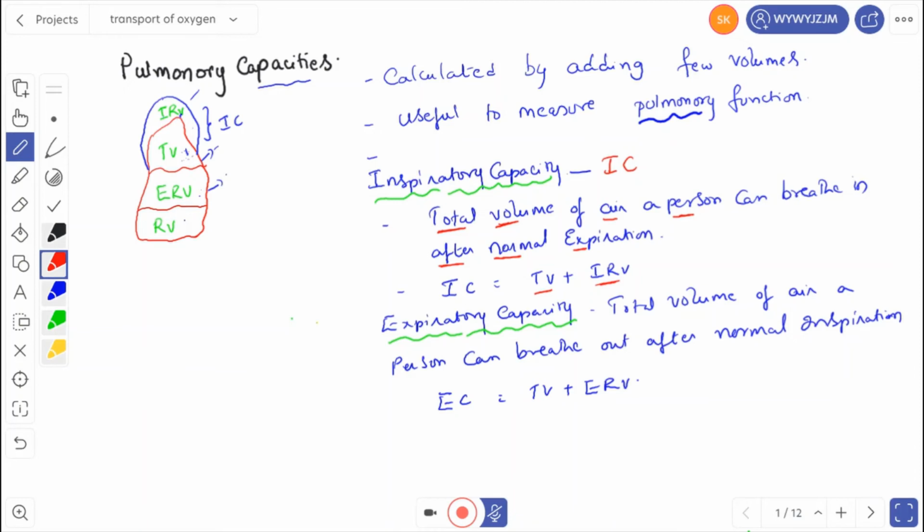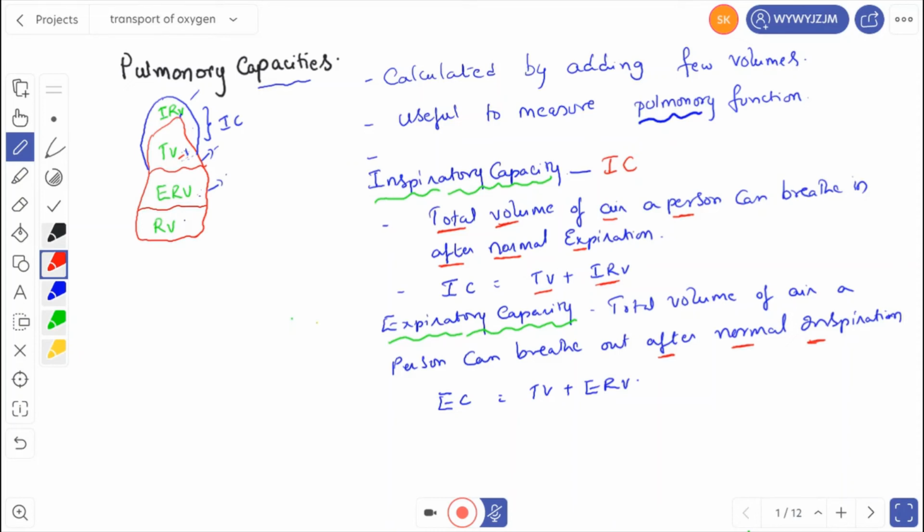What is expiratory capacity? Total volume of air a person can breathe out after normal inspiration. Due to normal inspiration, you are inhaling TV only. After inhaling TV, how much can you send outside? You can send out tidal volume, and you can also send out ERV.